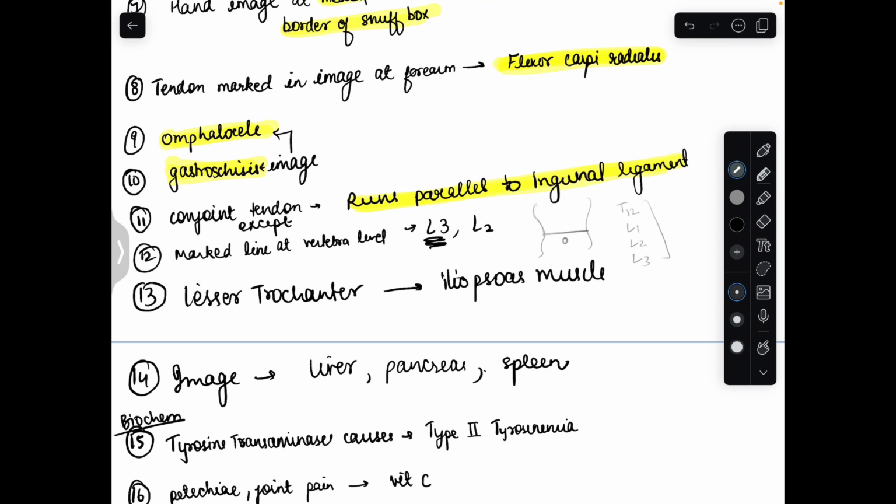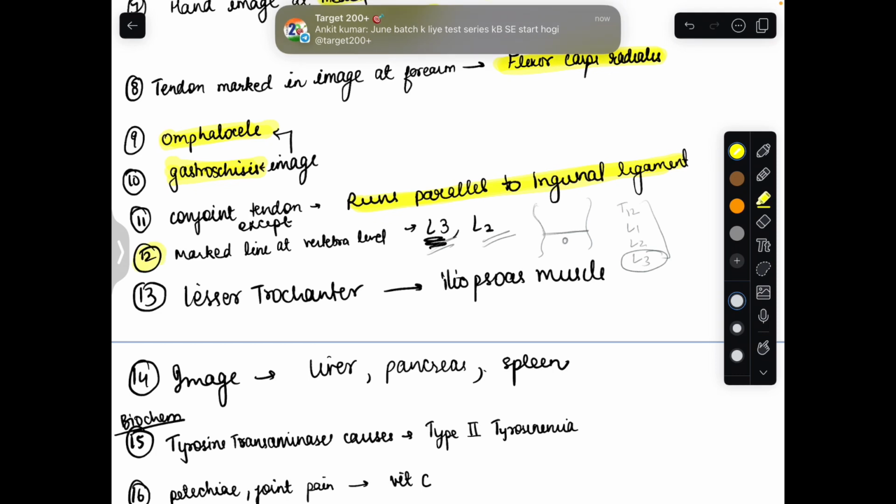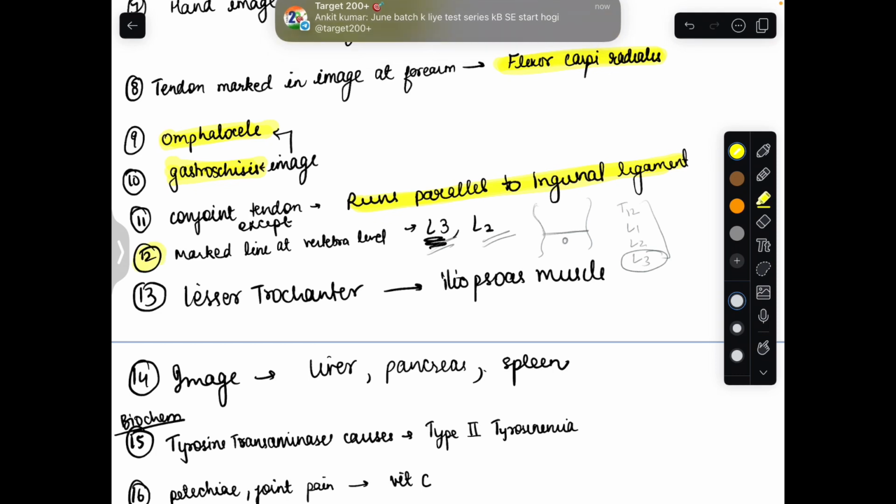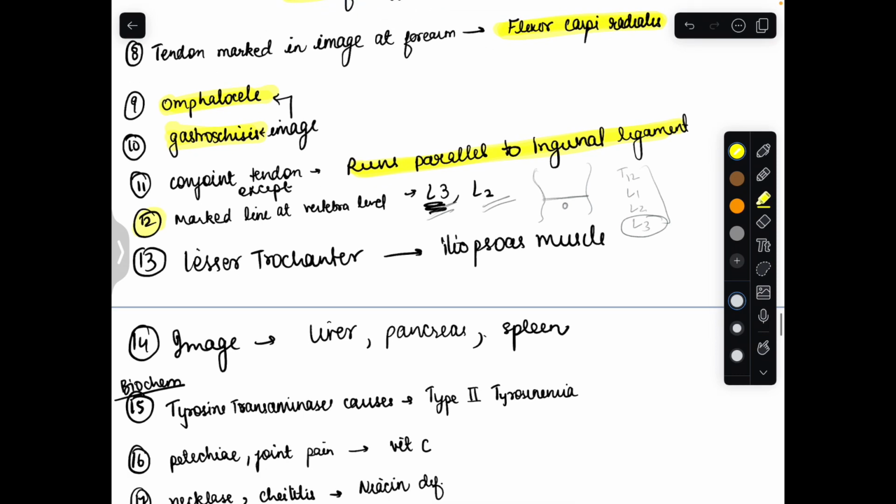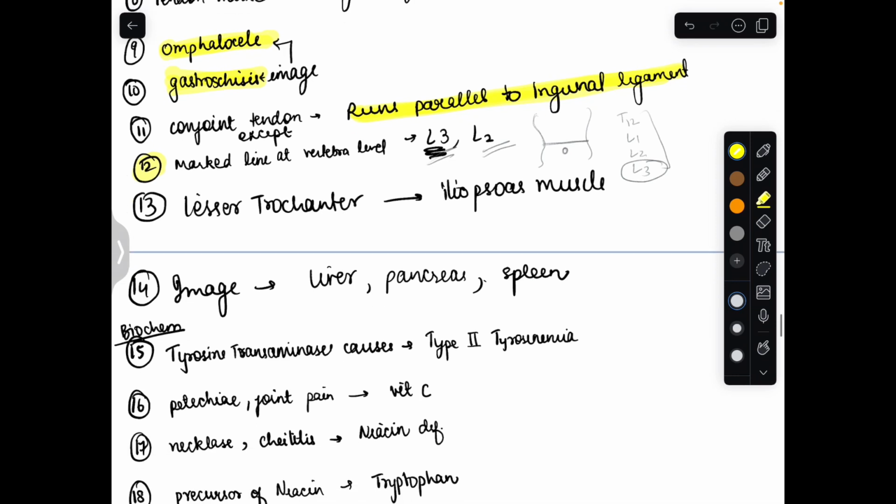And we have to identify whether it is T12, L1, L2, or L3. These four were the options there, and some teachers said that it is L3, and some said it is L2. So this question was not clear about which one is the correct answer. Even I am also confused whether mine is correct or wrong.